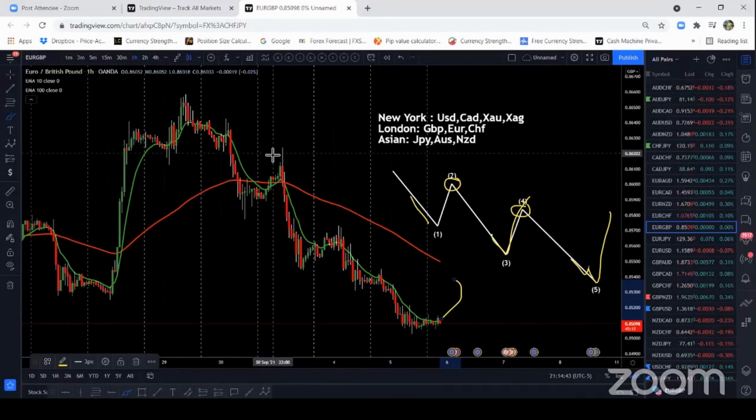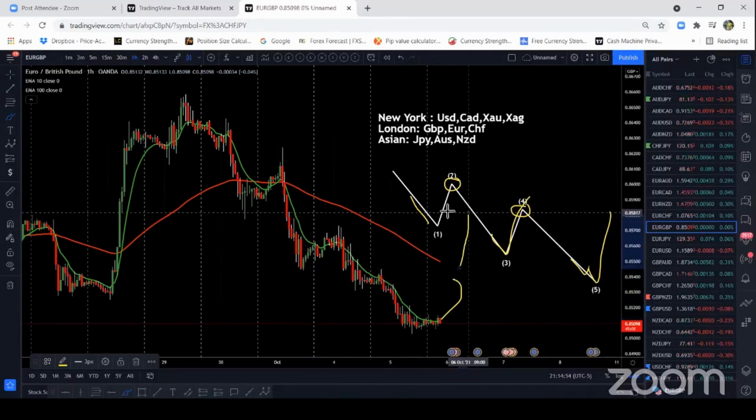Now, we're looking at Euro Great British Pound. We're looking for it to go up a little bit. A lot of people ask how high it's going to go. So one thing that I like to look for is price patterns, or price levels more so.